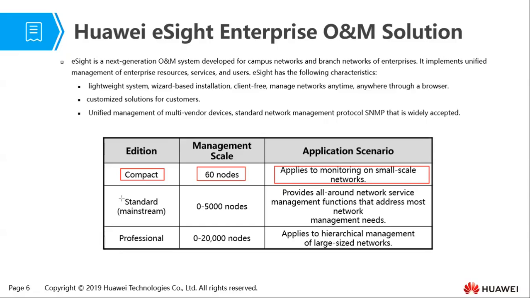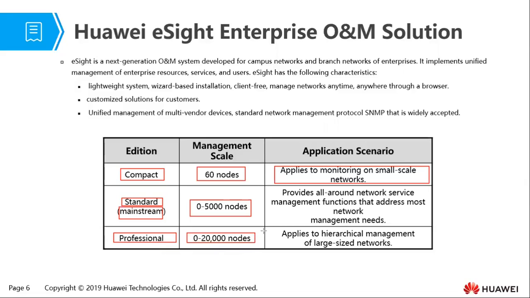Then the other one is the standard edition. This is the most used edition of eSight. It can support up to 5,000 nodes. Then the last one is the professional edition, which can support up to 20,000 nodes.